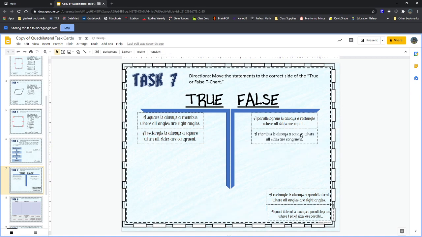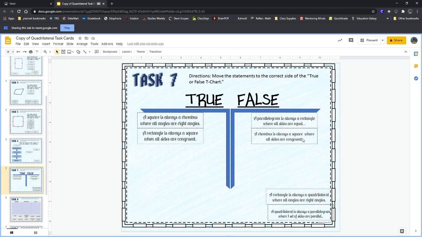The only thing that makes this false is because a rhombus and a square have very similar rules. But a square has one extra rule, a rule that a rhombus doesn't have to follow. The rule for a square, or one of the rules for a square, because squares have to follow lots of rules, is that it has to have 4 right angles. Can't have a square if you don't have 4 right angles.